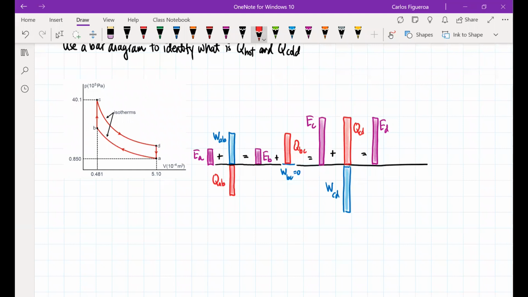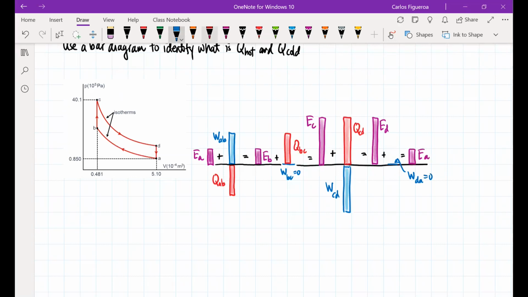So now I'm going from the higher isotherm to the lower isotherm. So I have to get back to my initial state. So here is my initial state right there. Because this is an isochoric process, I know that right here, the work from D to A is 0.